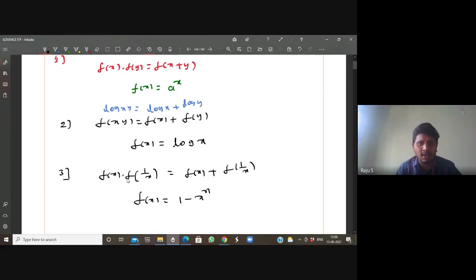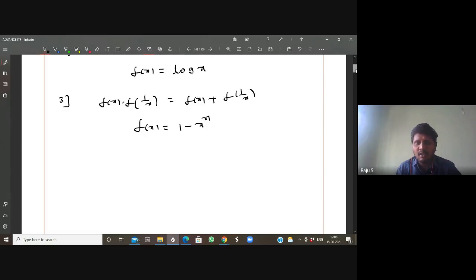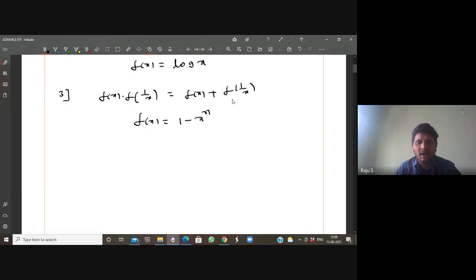Even you can take f of x, f of 1 by x becomes 1 minus 1 by x whole power n. So you can find the LHS value, find the RHS value. Surely we'll get LHS equal to RHS. Am I right?